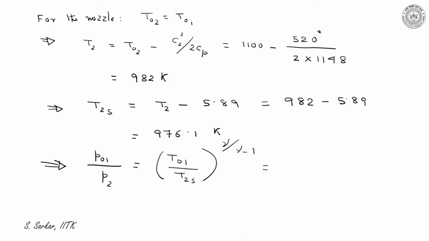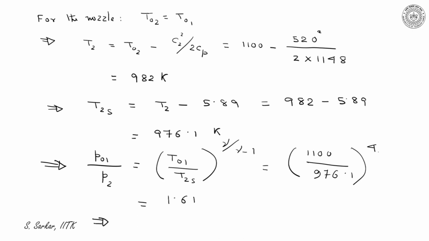Thus I can write 1100 divided by T2s, which I have evaluated as 976.1, to the power gamma by gamma minus 1, would be equal to 4. Thus the pressure ratio P01 by P2 would be equal to 1.61. Now I know the value of P01, so from here I can evaluate P2.